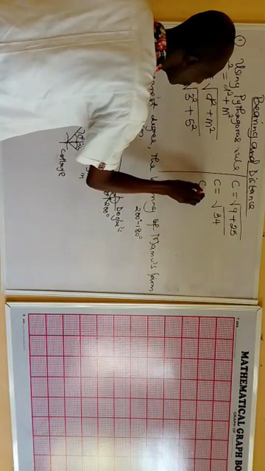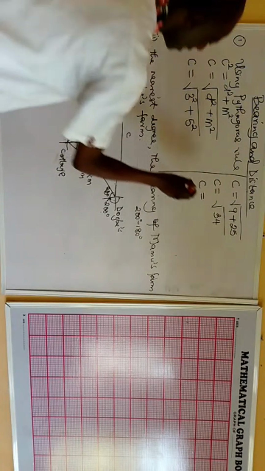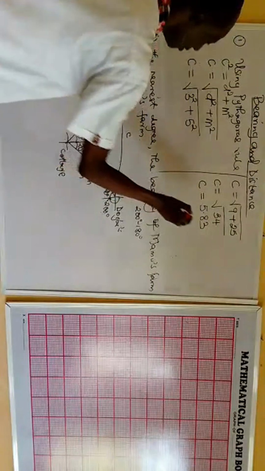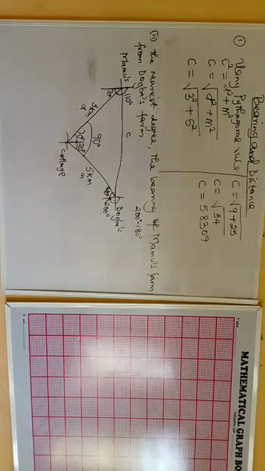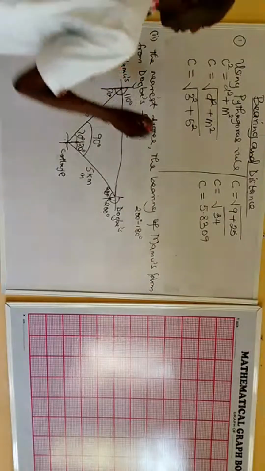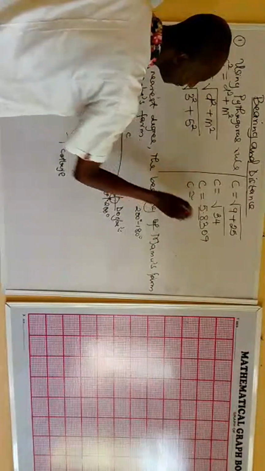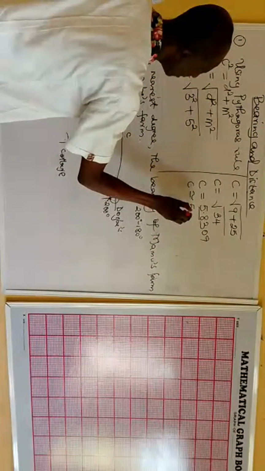Let's find the square root of 34. It gives you 5.8309. And take note, the question says we should approximate to two significant figures, so we approximate to 5.8.